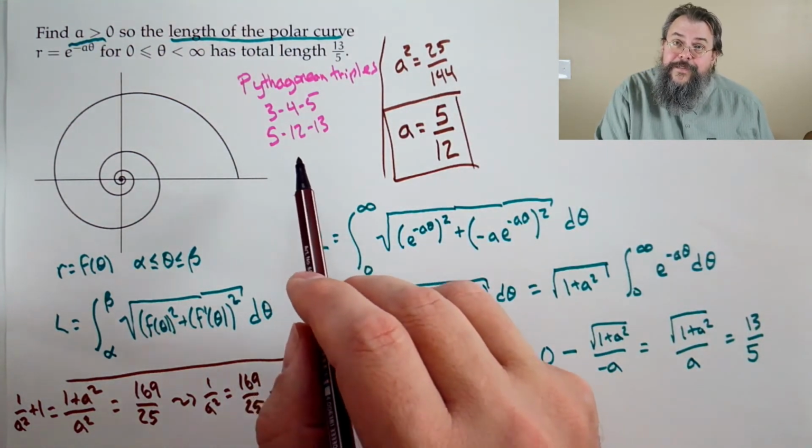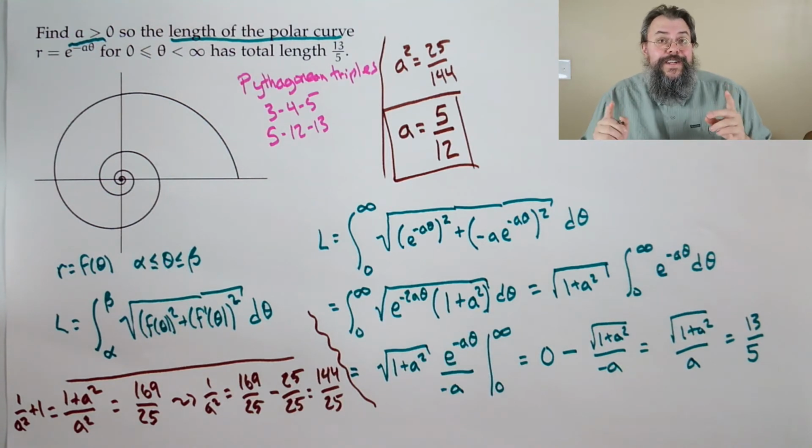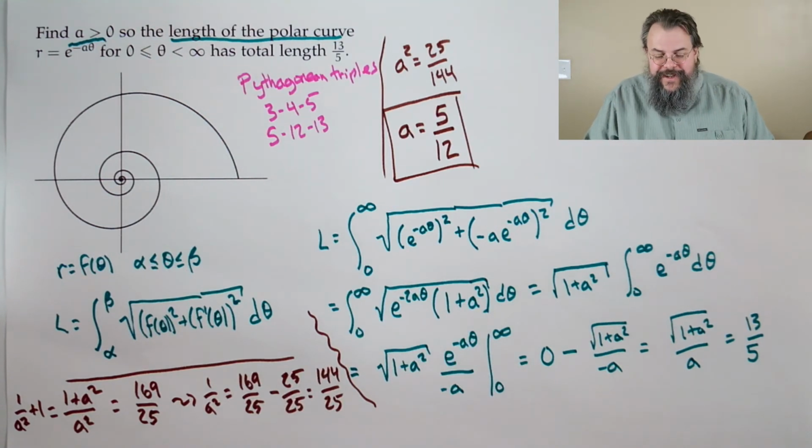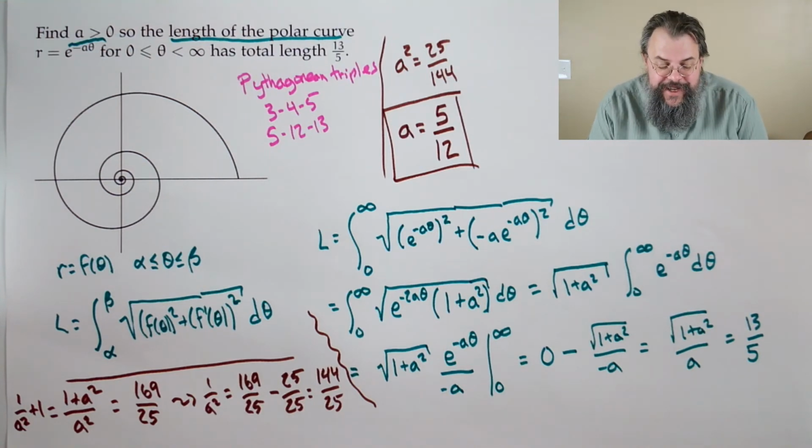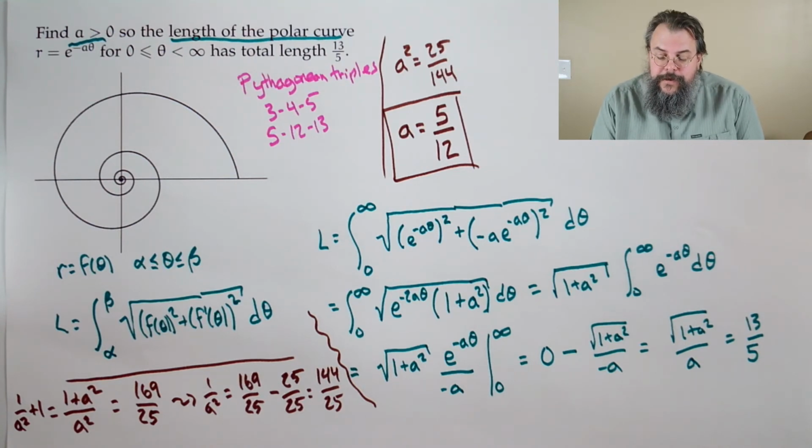Hey, 5, 12, 13. Coincidence? No. When you see numbers like 5 and 12, or 12 and 13, or 5 and 13 come together, you should think they're trying to pull a little Pythagorean triangle in here.